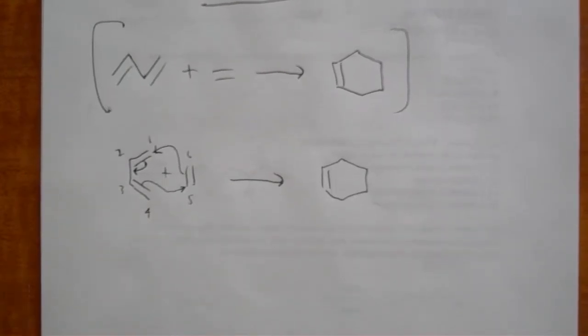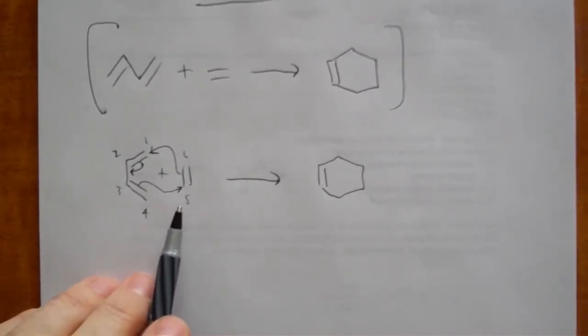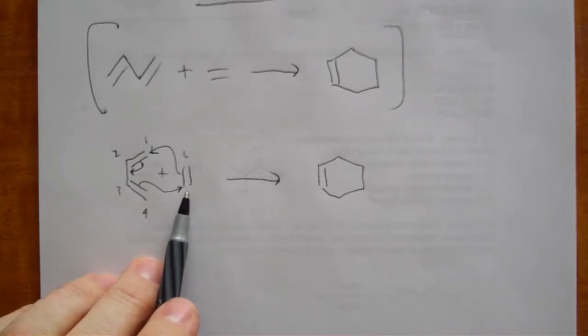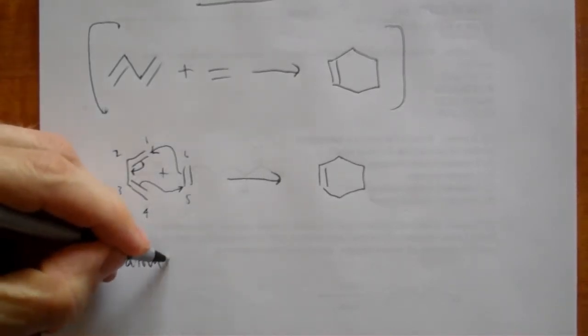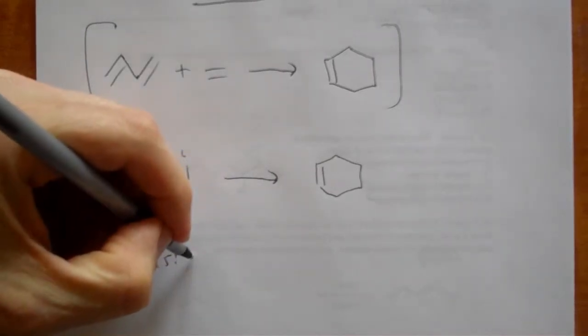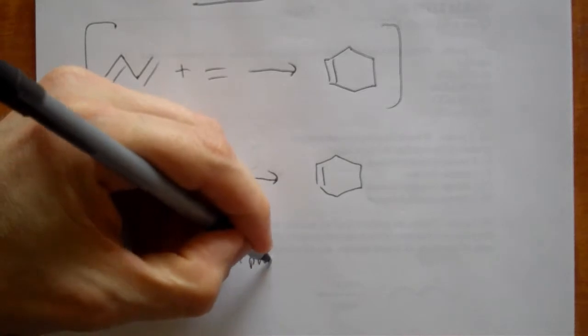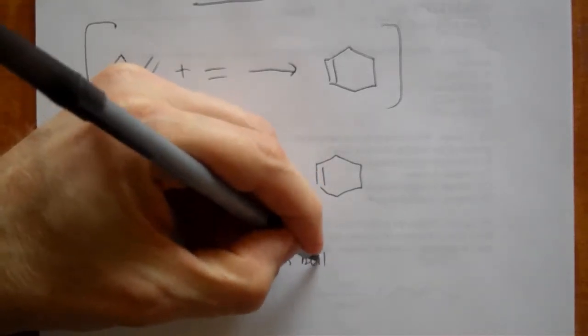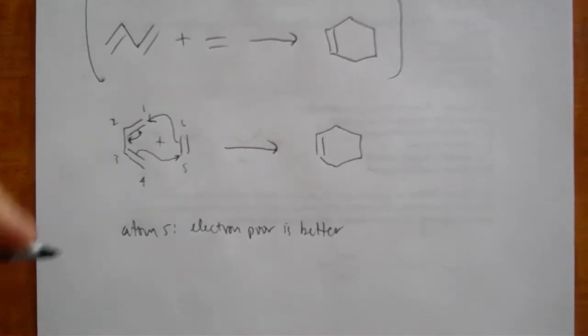If this mechanism is true, what do we know about this atom right here, atom 5? Its electron poor is better, right?